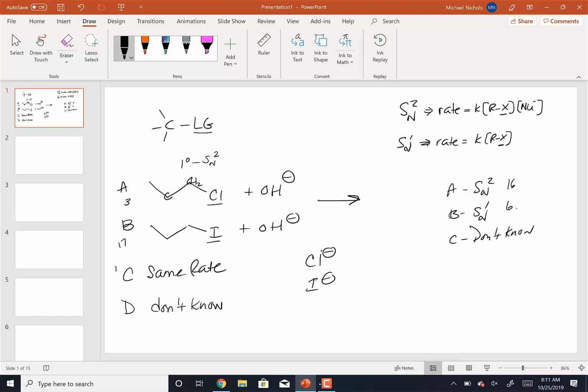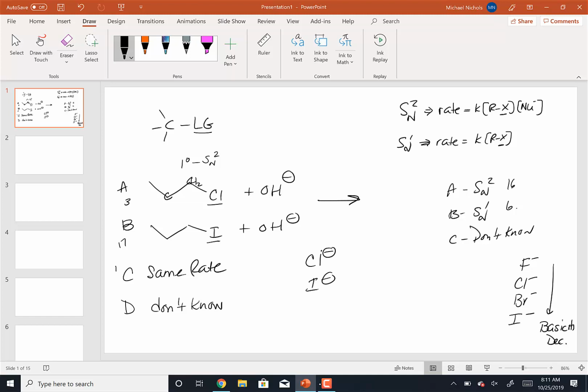I minus is the weaker base, because as we go F minus, Cl minus, Br minus, I minus down the periodic table, the basicity decreases.